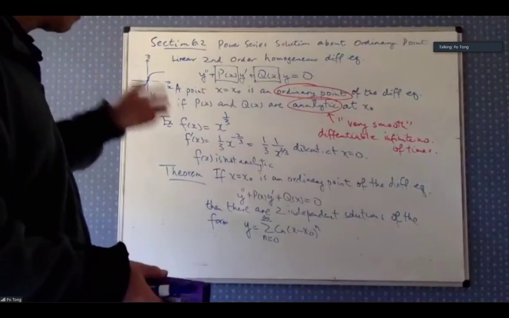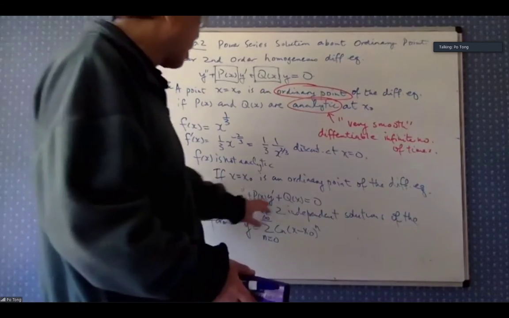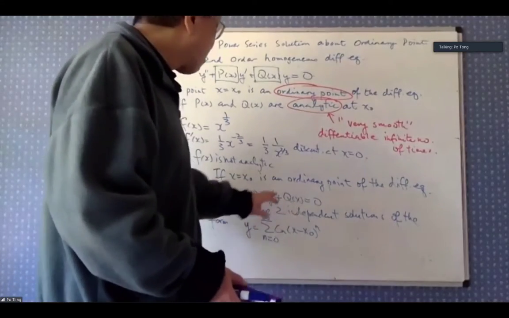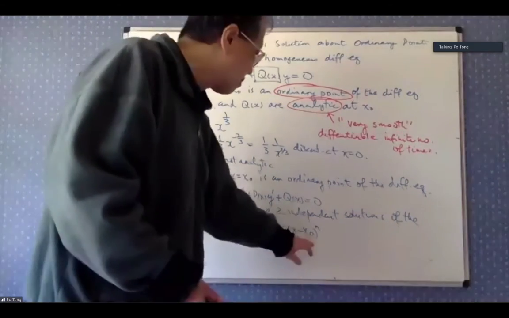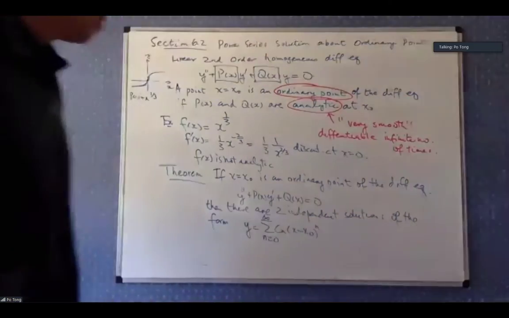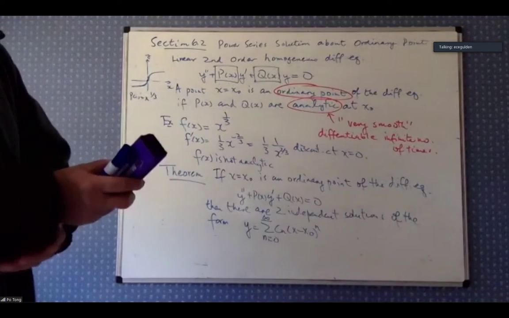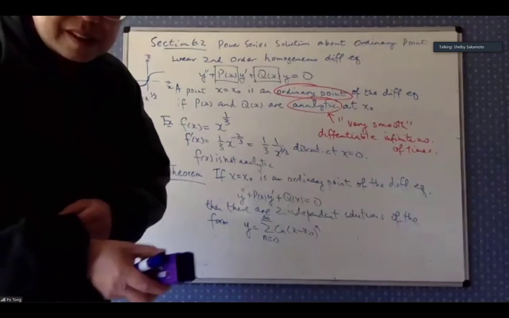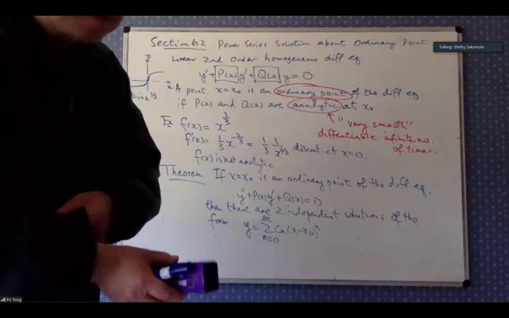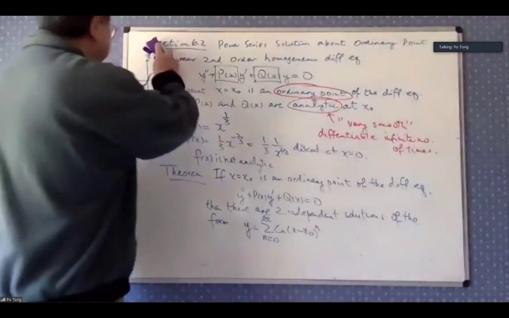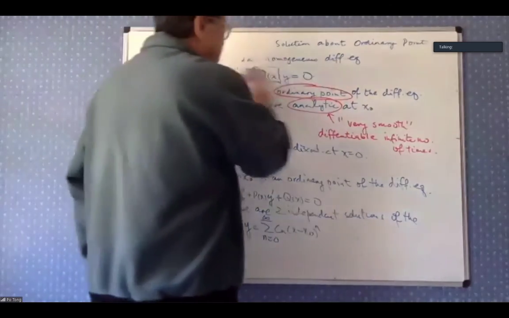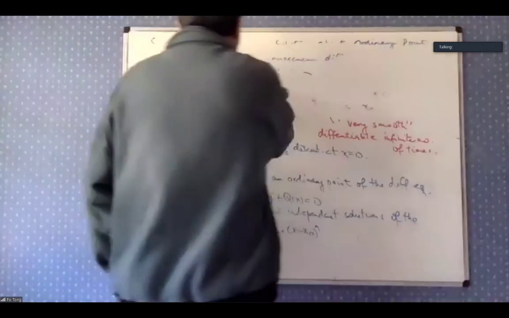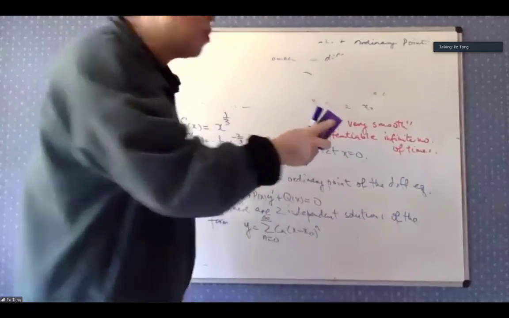This is basically saying that if the functions are nice enough at that point, then we will have a power series solution centered at that point. Once I start to do examples, you will be better.